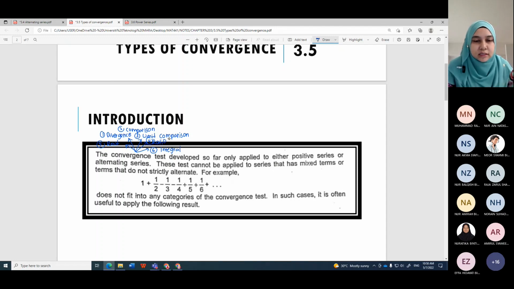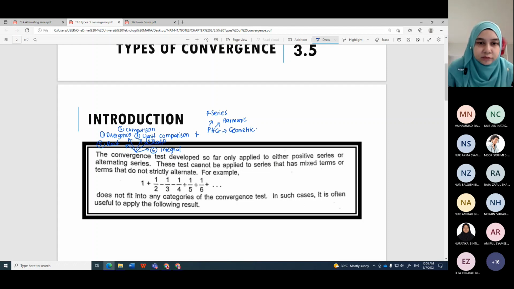Okay, these 6 tests. Okay, plus yang sebelum ni 3.2, the 4 tests, kan ada 4 types of tests. Ataupun 3 plus 1 lah, PHG. PHG ni P series, harmonic, and geometric series. Plus dengan yang untuk test coping tu dia special case lah.